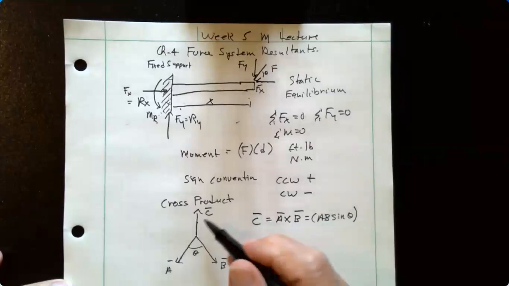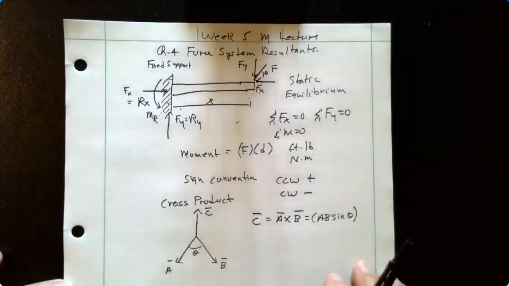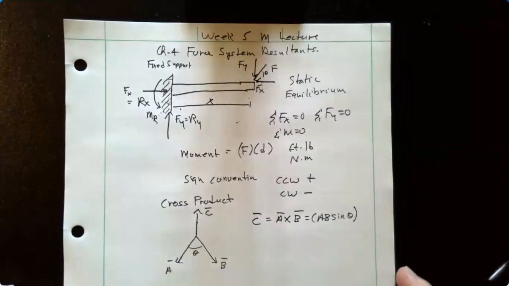C is going to be perpendicular. So basically it's coming out of the page here. So that is cross product.